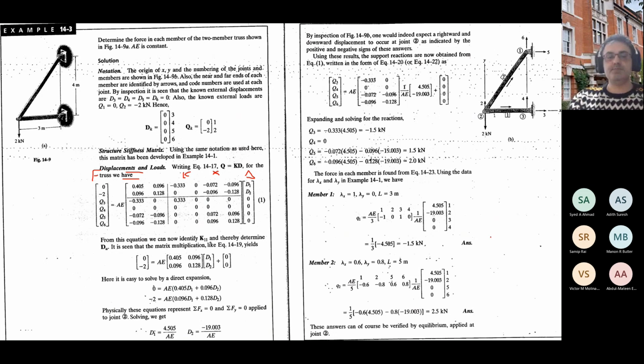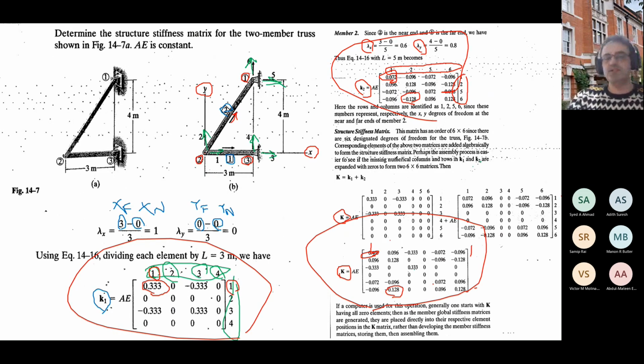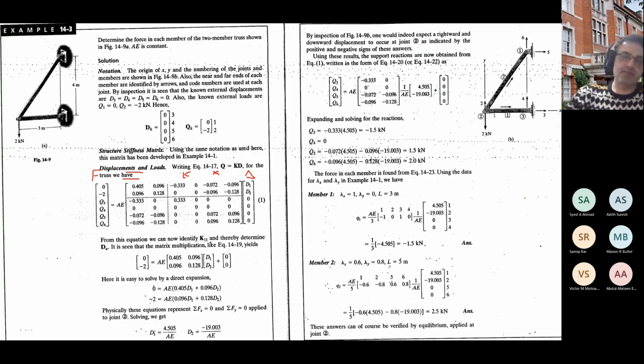by putting K1 and K2 into the bigger matrix. And delta is just the deformation of the different degrees of freedom. I have 1, 2, 3, 4, 5, 6 as the degrees of freedom. So for the deformation, I have D1, D2, D3, D4, D5, D6. And I know that D3, 4, 5, 6 are 0 because of the supports.